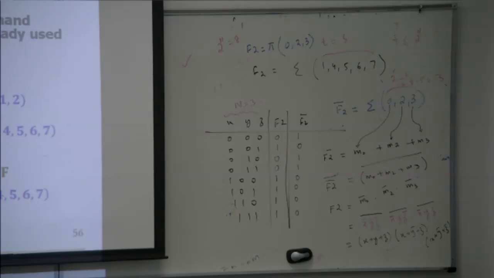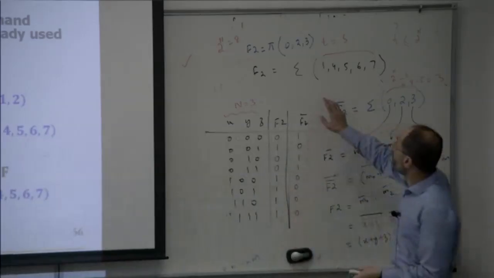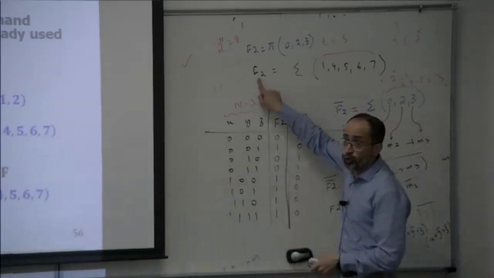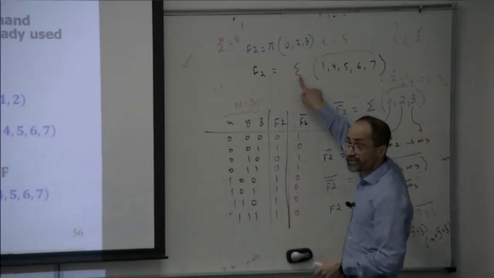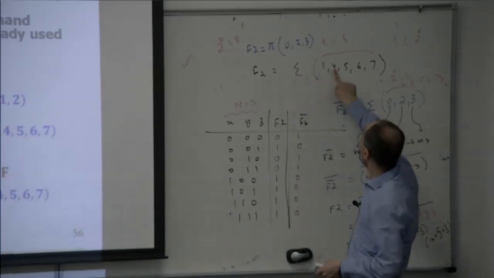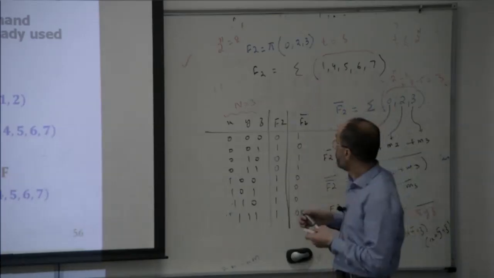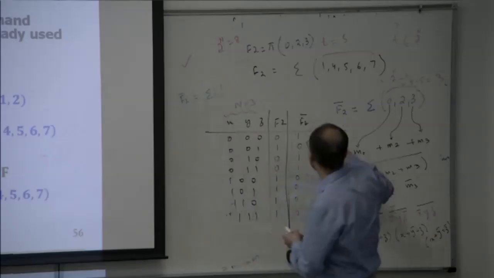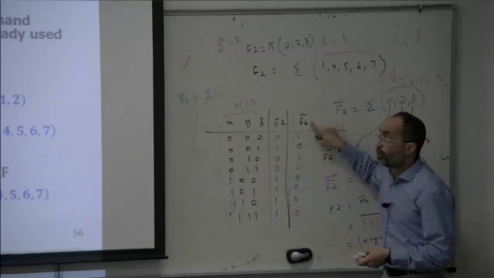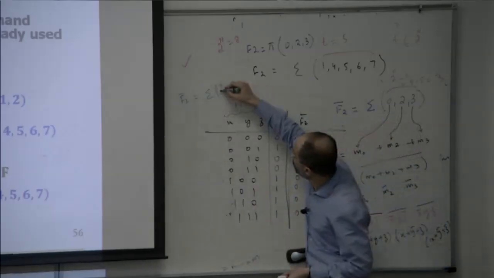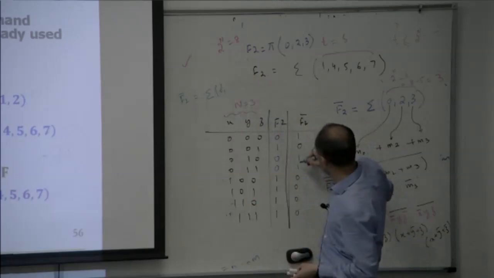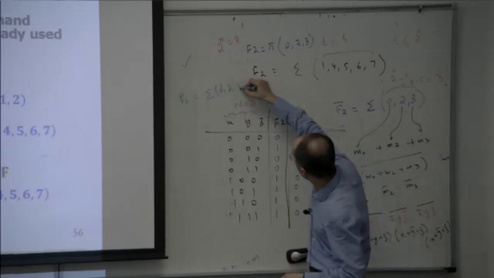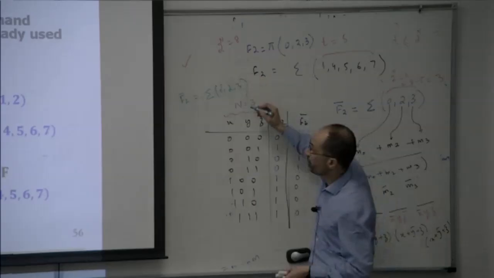Okay, now please look here. This f2 is a summation of what? 1, 4, 5, 6 and 7. Now what is f2 bar? How can we write f2 bar in the form of sigma? 0, 2, 3.